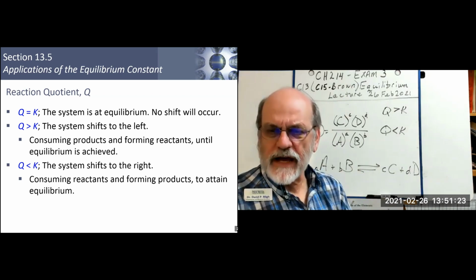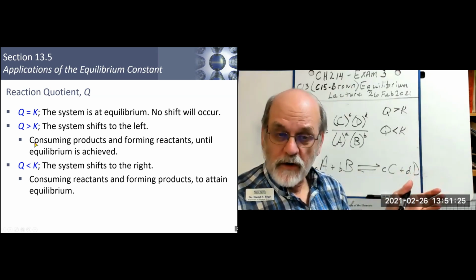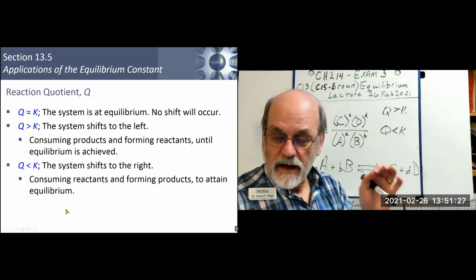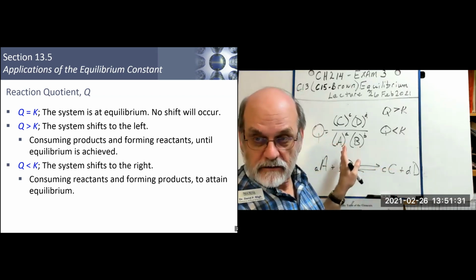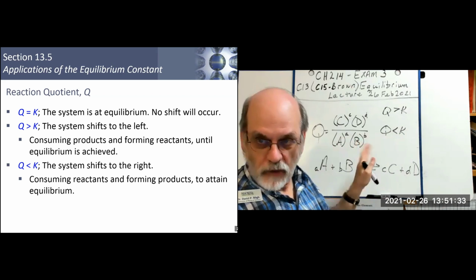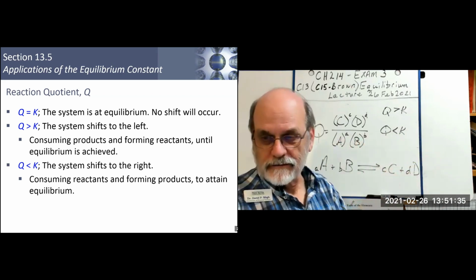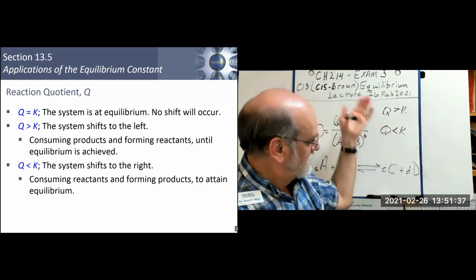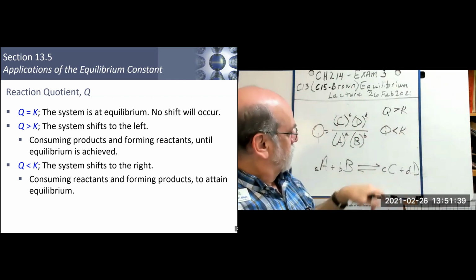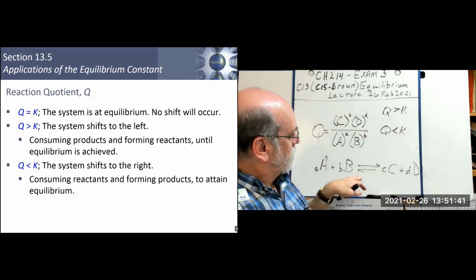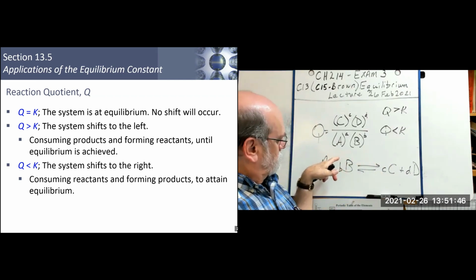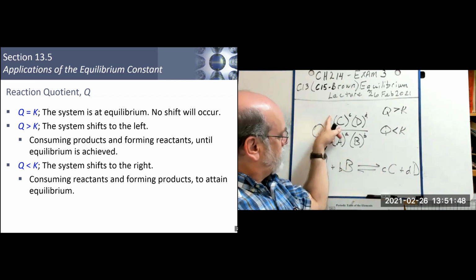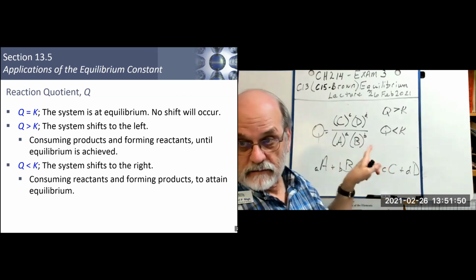So under those circumstances in the last chapter, when we were studying kinetics with initial rates, we started off with reactants and no products. So we knew it was going to the right. So in that scenario, it fits. Well, it would obviously make more of these. Q would be less than K.